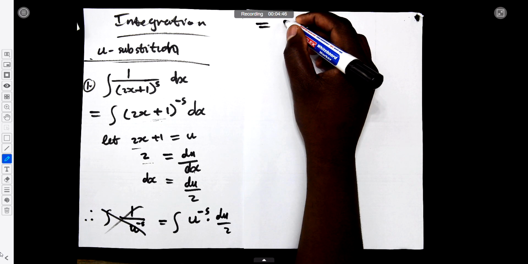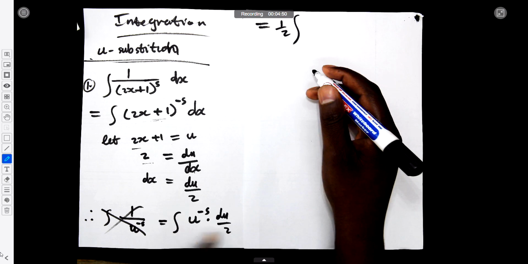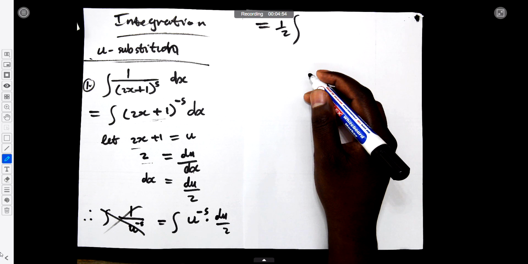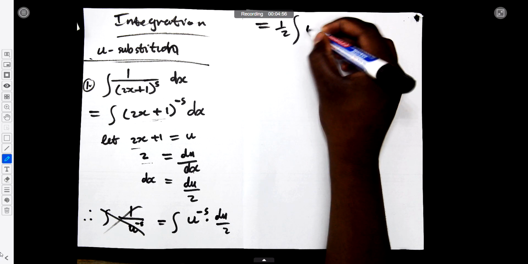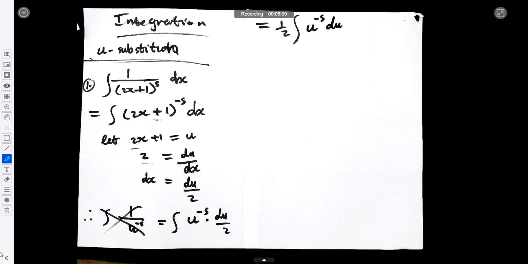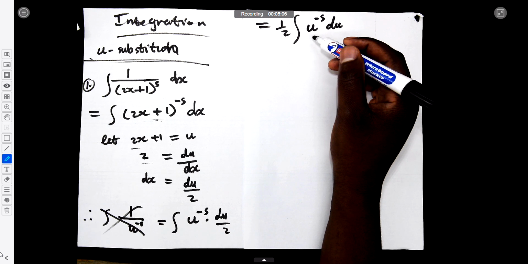You're allowed to factor out the constant, which is 1 over 2. I want to show you that we have to integrate in terms of u. I hope you see that this calls for the power rule, because this is now in algebraic form.